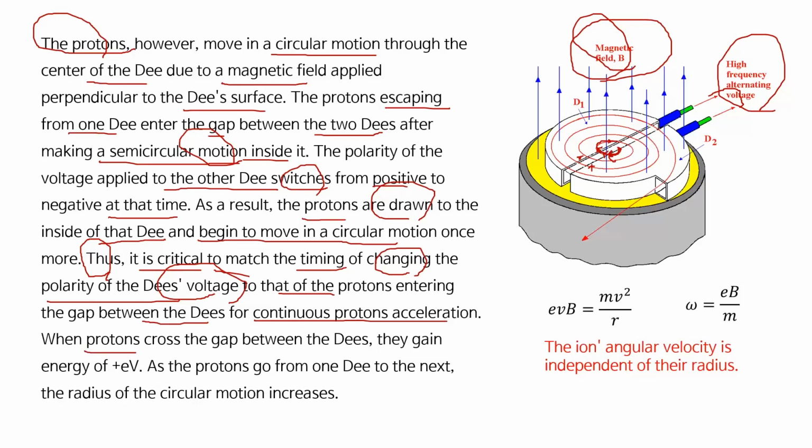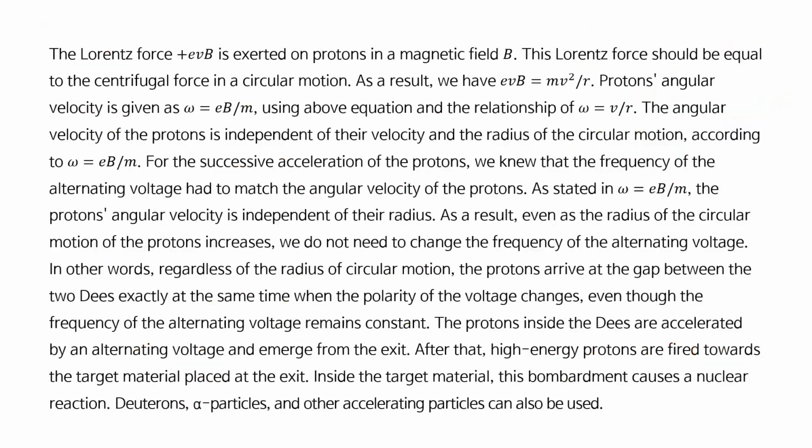When protons cross the gap between the Ds, they gain an energy of eV plus eV. As the protons go from one D to the next, the radius of the circular motion increases, as shown here. The Lorentz force of evB is exerted on protons in a magnetic field B. This Lorentz force should be equal to the centrifugal force in a circular motion.